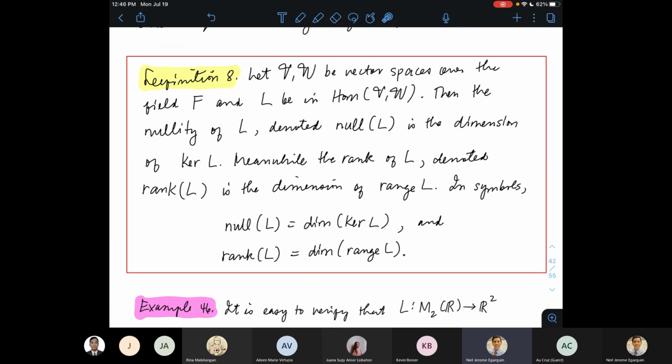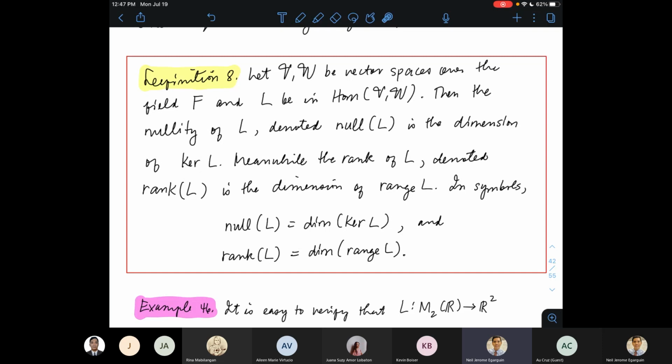So here in definition 8, I'll just go back to the fact that we have established that the kernel and the range of a linear transformation are subspaces of the respective vector spaces, right? And so if they are vector spaces on their own rights, then we can talk about their dimensions, okay? And there are nice properties of the vector spaces that can be gleaned by looking at the dimensions of these special subspaces.